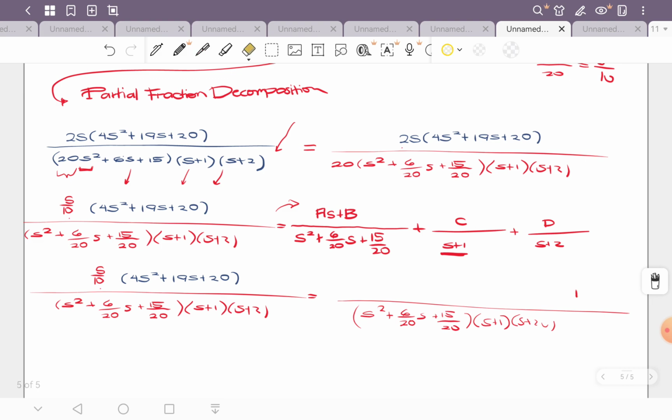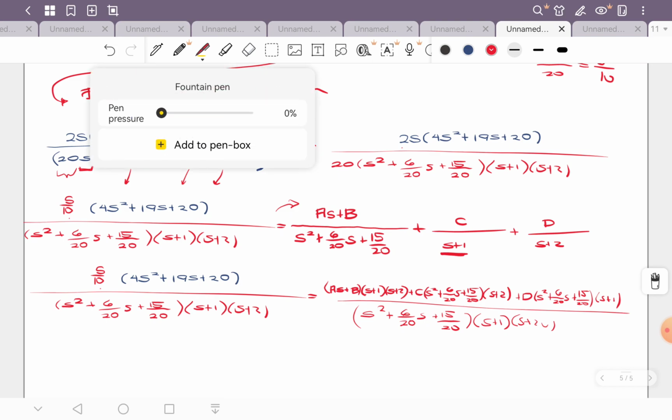The numerator becomes as plus b times s plus 1, s plus 2, plus c times the other factors, and so on.